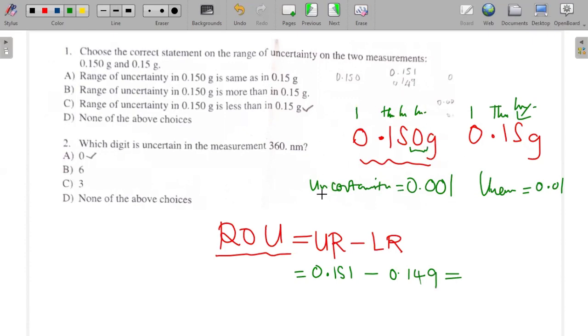So we can subtract these to find the range of uncertainty. 0.151 minus 0.149 gives me 0.002. What about the range of uncertainty for this measurement here? The upper reading here will be this plus this.